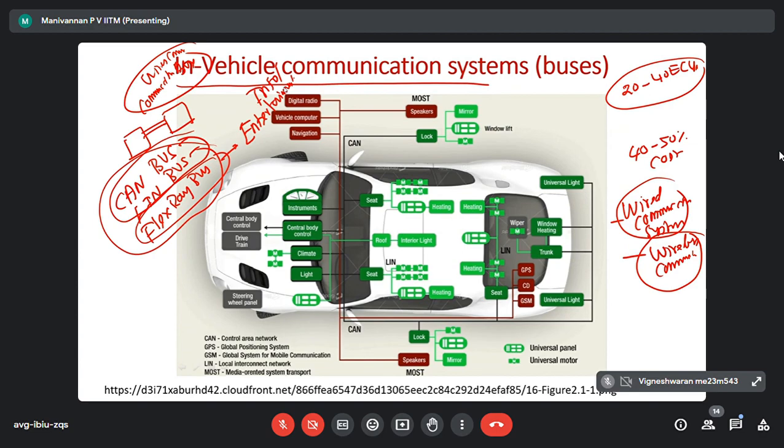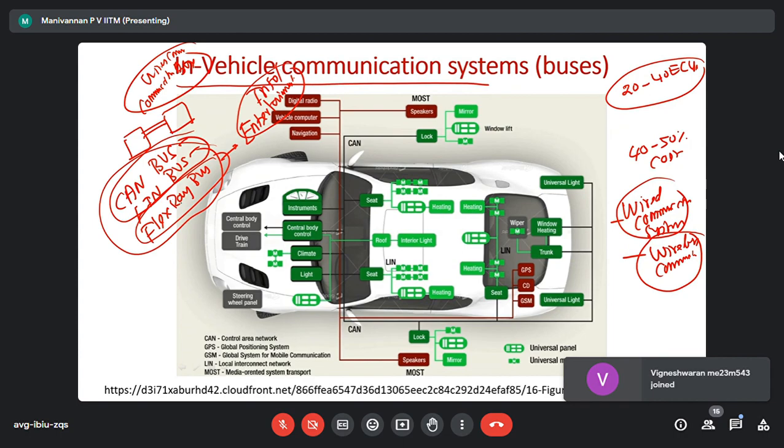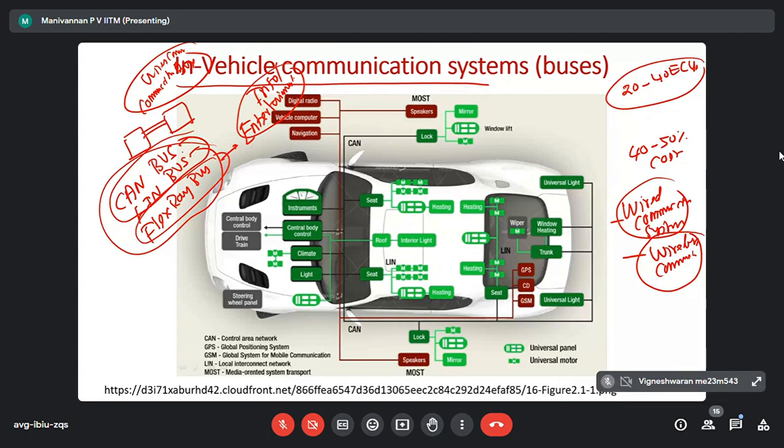All these things communicate the same way. Here the data transmission will be in the order of hundreds of megabytes to 500 megabytes per second. So the high speed communication bus FlexRay is used for entertainment. I am not going to talk about this, but the remaining 2 buses we are going to see in this course. CAN bus and LIN bus.